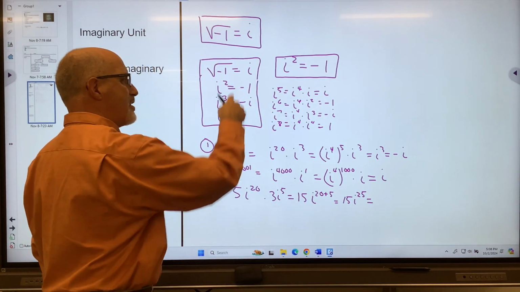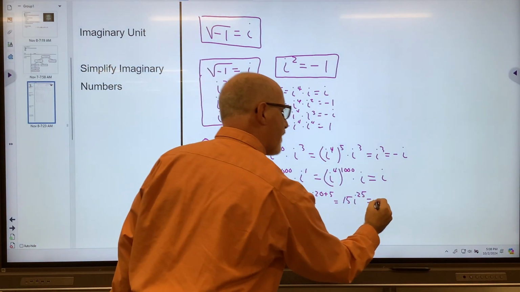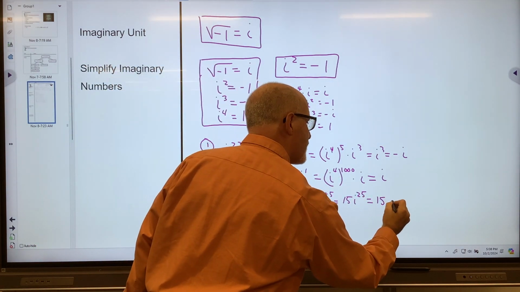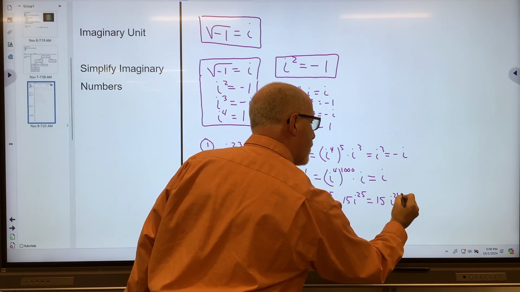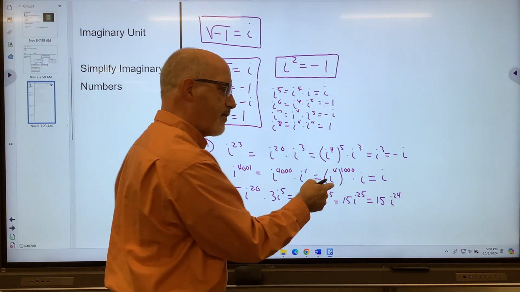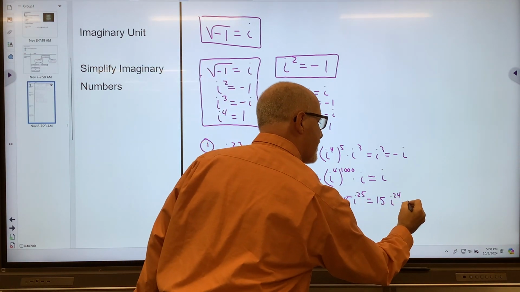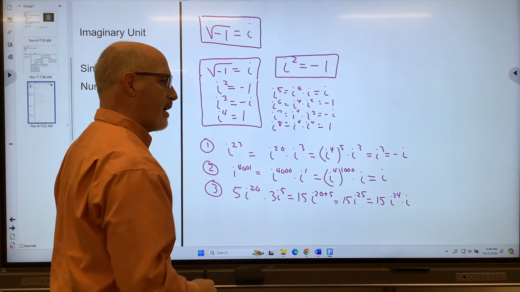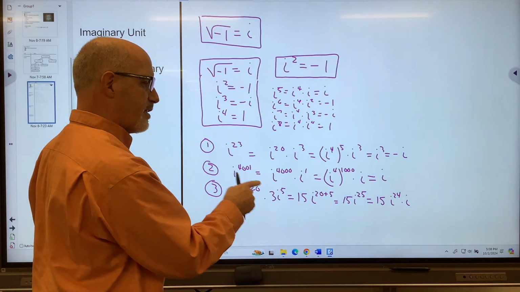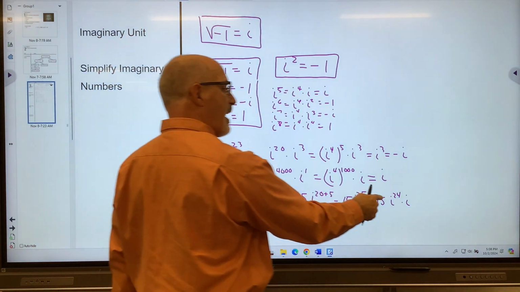Now let's do our magic with this pattern. I want to look for a factor of 4. So I'm going to do i to the 24th, because 4 goes into 24, times i to the 1st, in order to get the 25th power. What is i to the 24th?